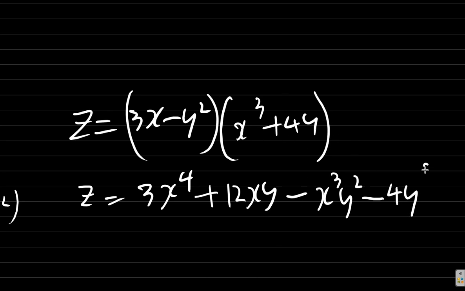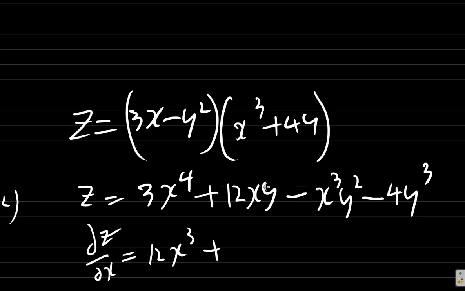If we find delta z by delta x, what would happen here? We'd have 3 fours 12x to the 3 plus, now, delta x. So the y is like a number. What you have here is a number 12y multiplied by x.